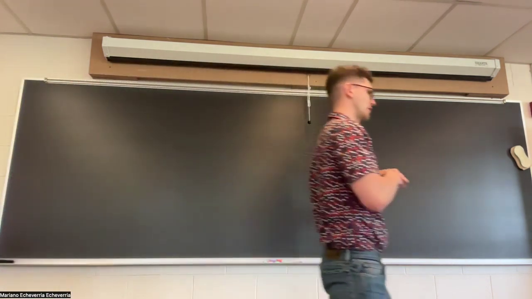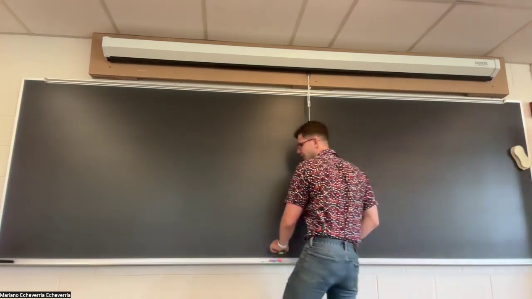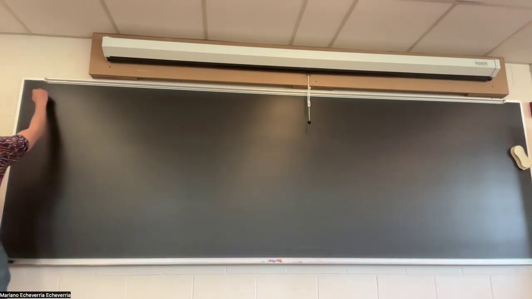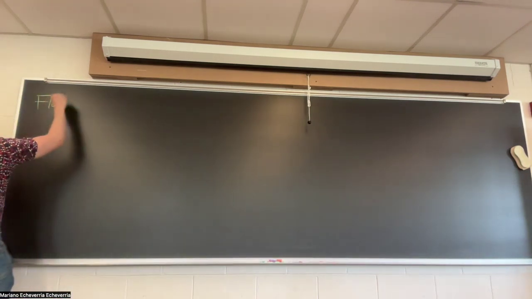So that divergence theorem is related to flux, which is the last topic we were discussing last time. So the idea about flux, just to remind you what it is: you have a surface in space.